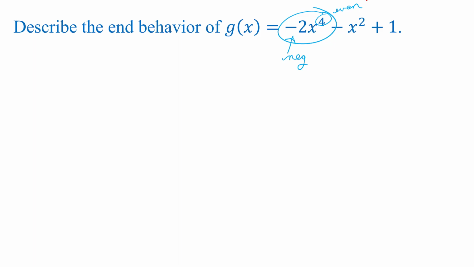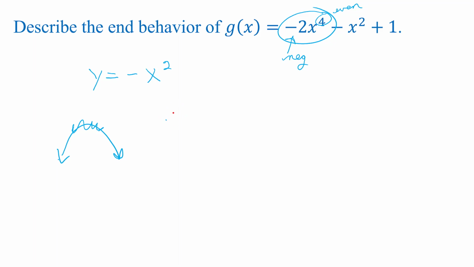And so we're going to resemble the end behavior of y equals negative x squared, like so. Again, there could be all kinds of stuff going on here in the middle, but our end behavior of this function is going to be the same as the end behavior of negative x squared.